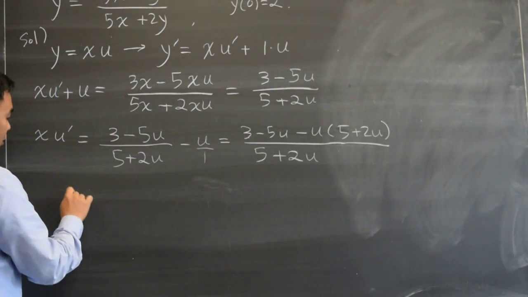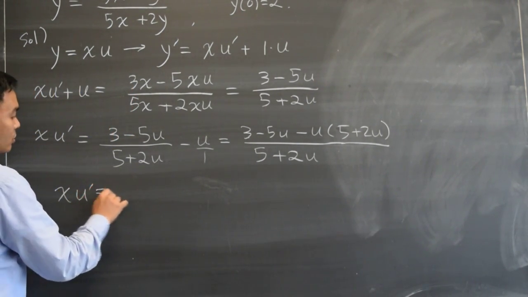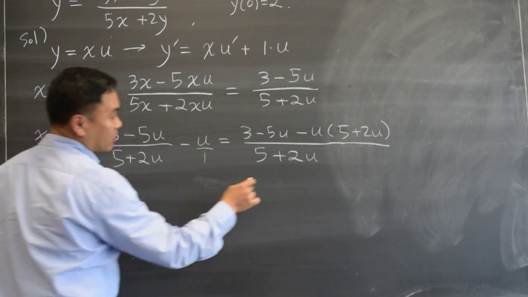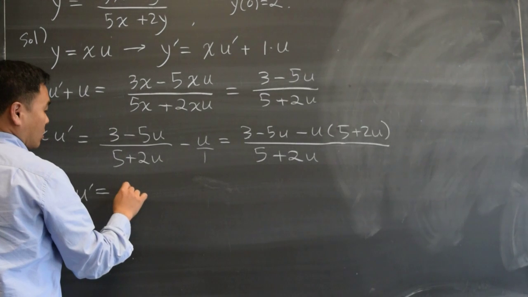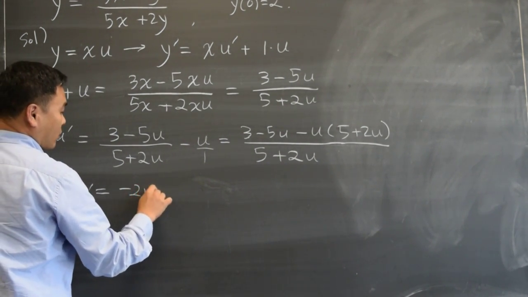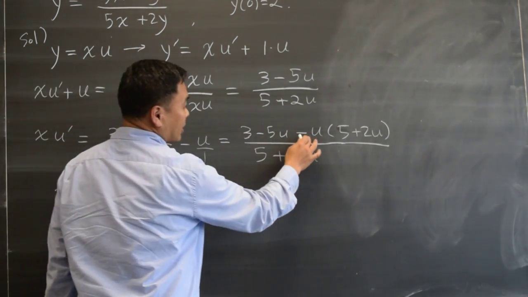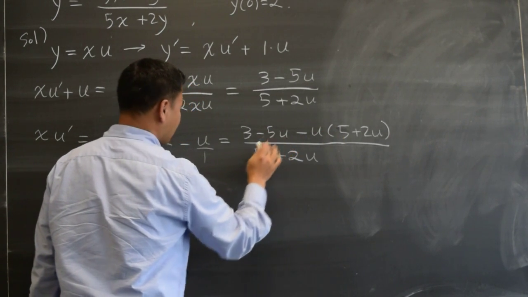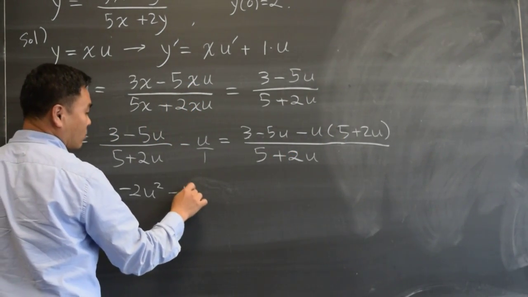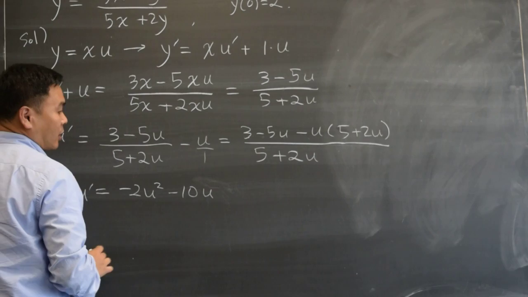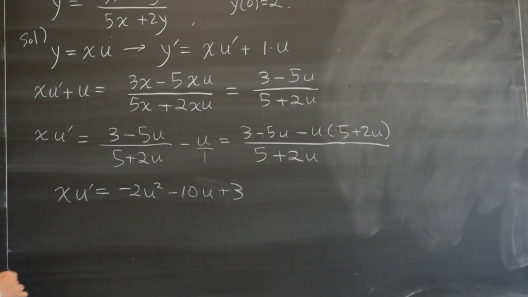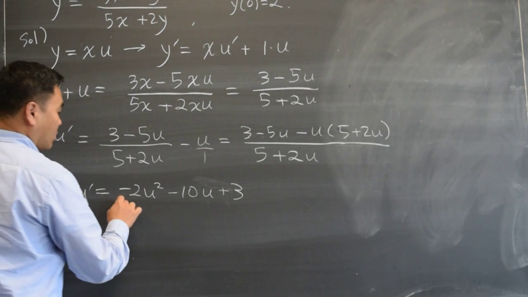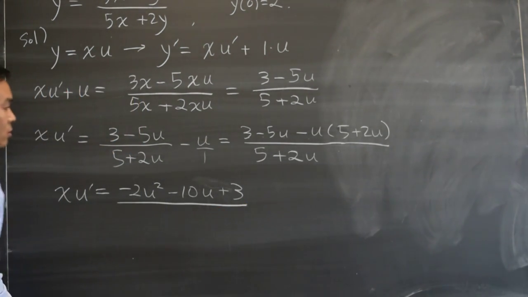Let me write it again, xu prime, which is equal to, let's see, negative u times 2u will be negative 2u squared. Negative u times 5 is negative 5u, plus 3 minus 5u gives negative 10u. And then 3 is what you get here. And for this, you have 5 plus 2u.